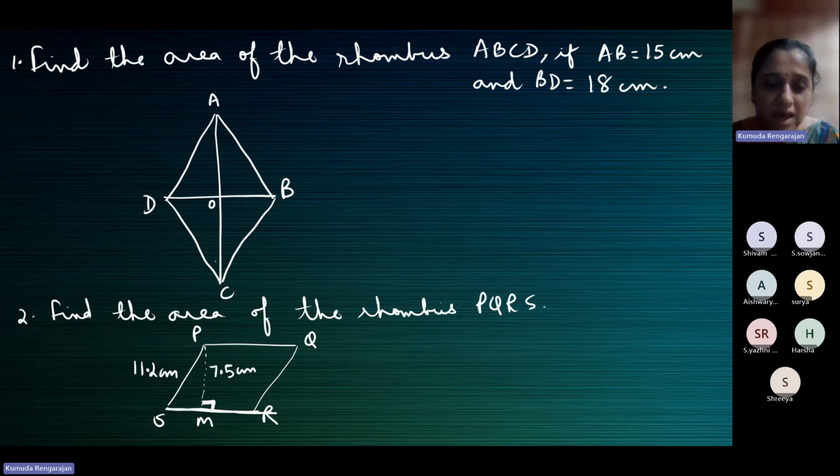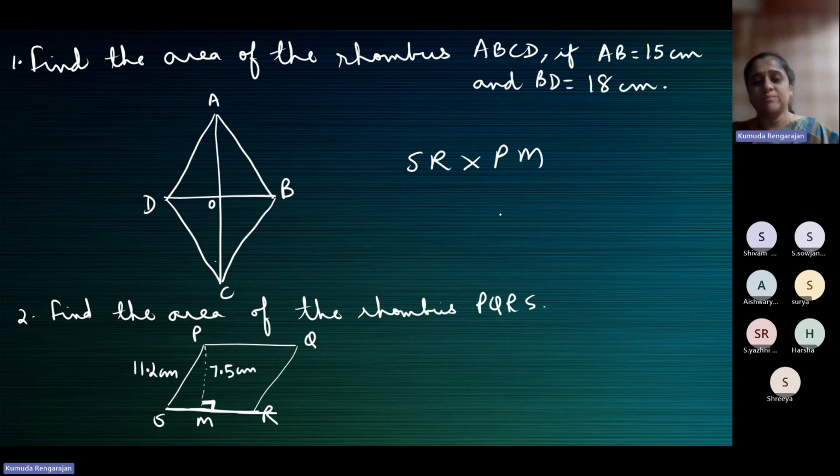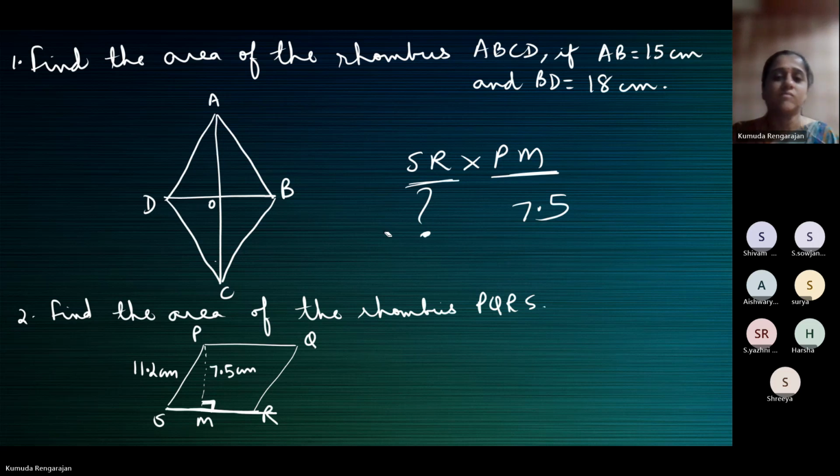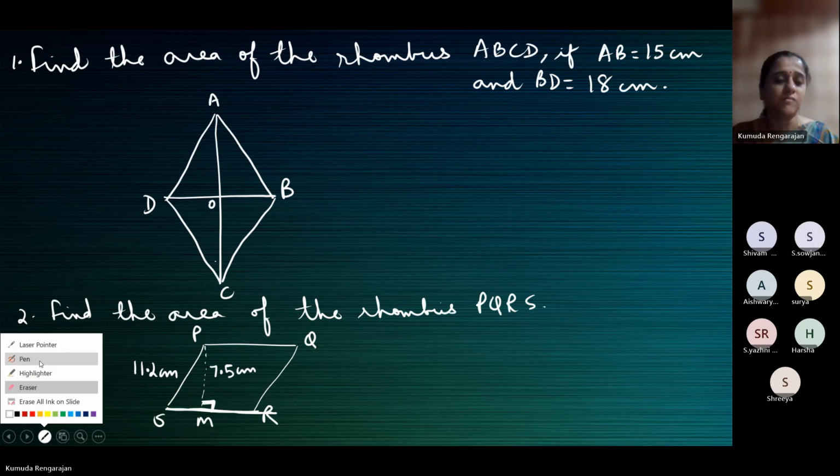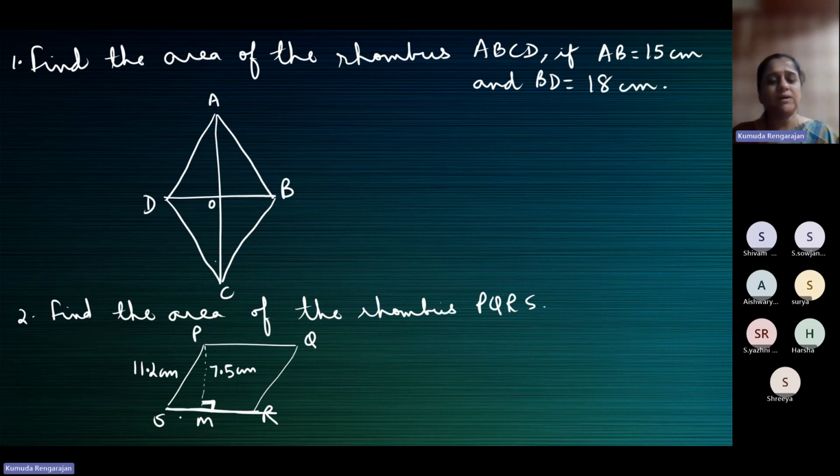The altitude PM falls on the side SR. So base into height here is SR into PM. SR is not given. PM is there, 7.5. So how do we find the area? Using Pythagoras theorem, you can get only this portion, no? How will you find SR?